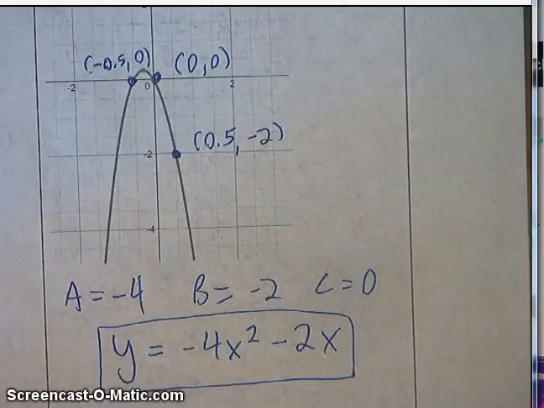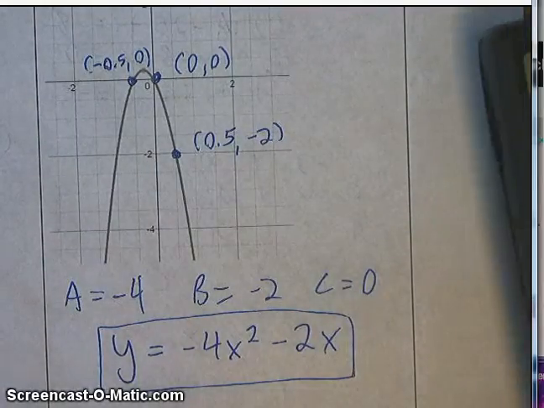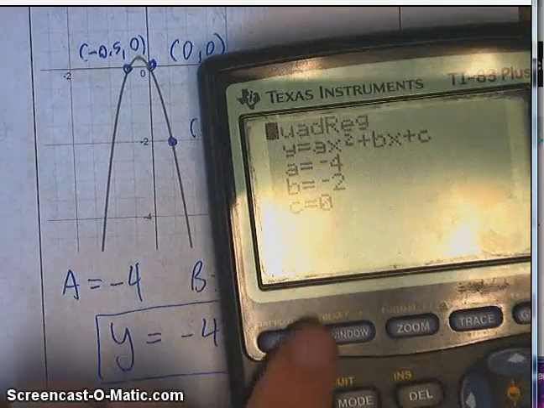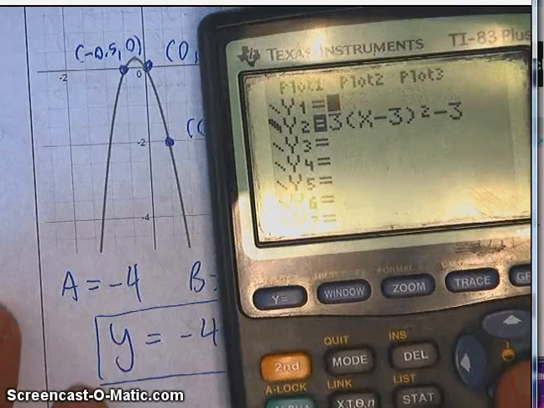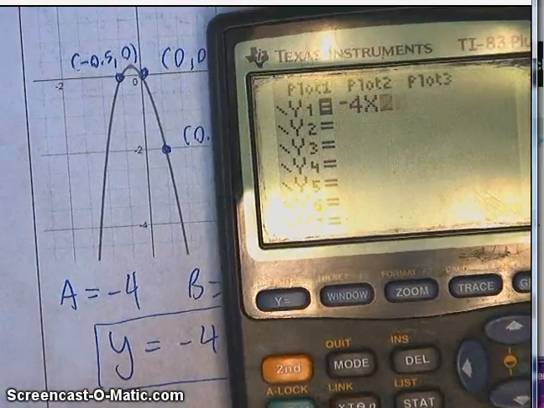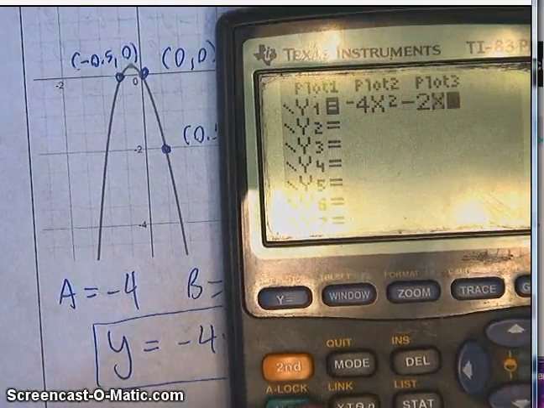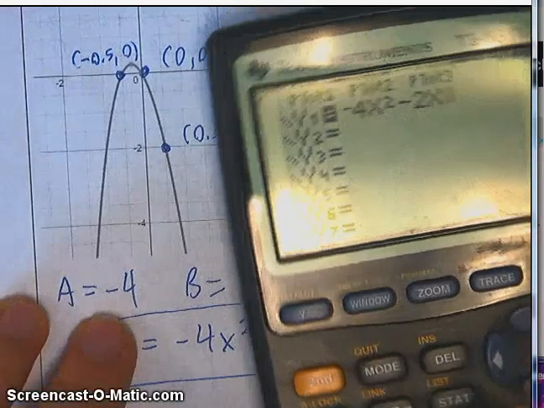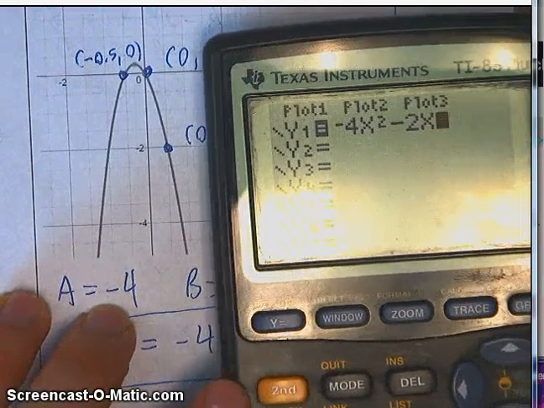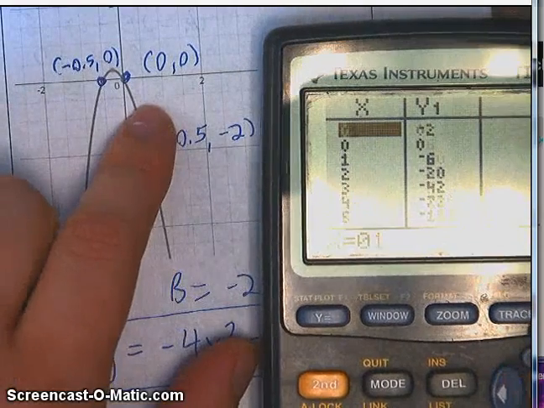Now, we haven't talked about it, but we should. A good way to double check our work here would be to go ahead and let's go to y equals, and let's type in that equation we got. -4x squared minus 2x. Now, if I go to the table, I should be able to see the points that I just got. So let's see, I've got 0, 0, that one's on there.